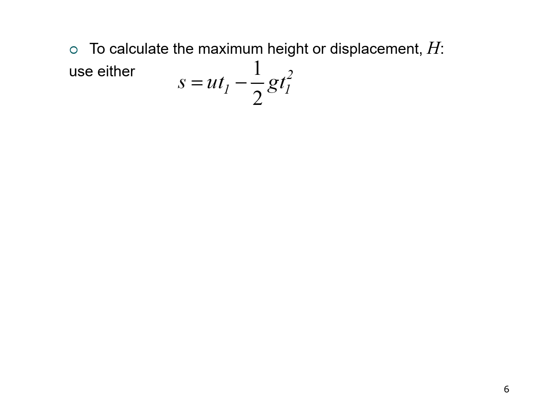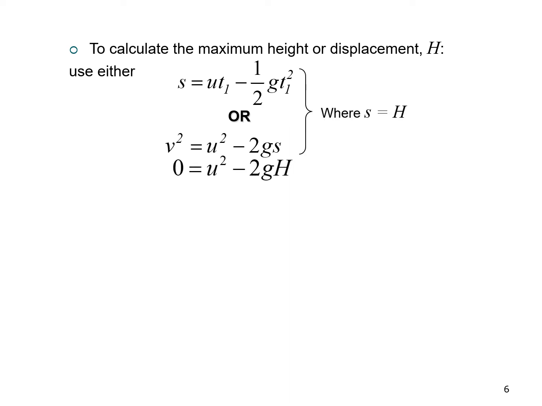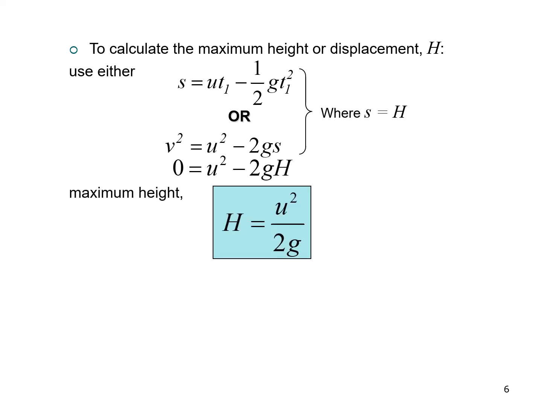By using this equation, or another one, where we replace s with h, the maximum height, and replace the final velocity with 0, then rearrange, the maximum height will be equivalent to u squared over 2g.